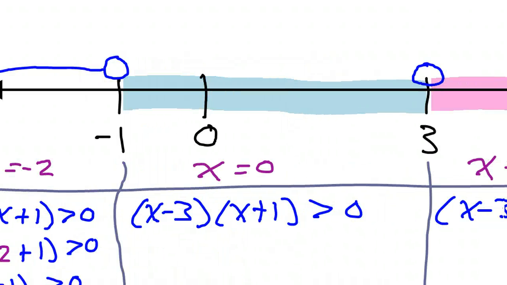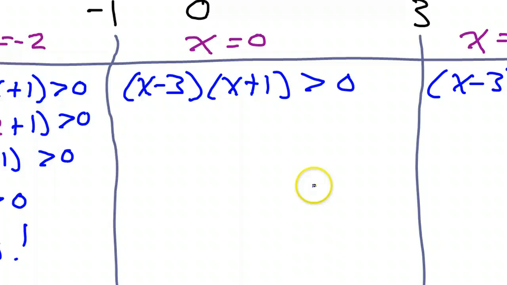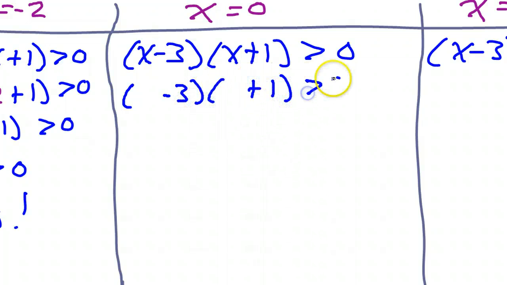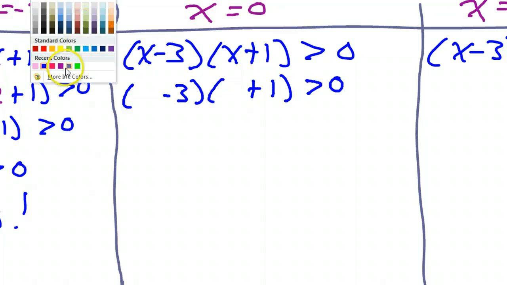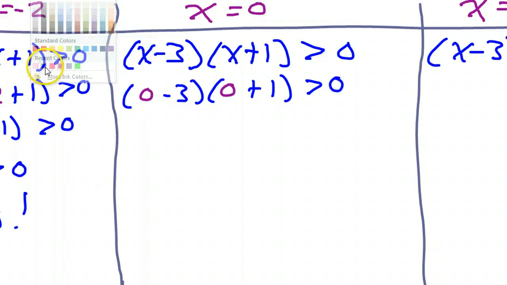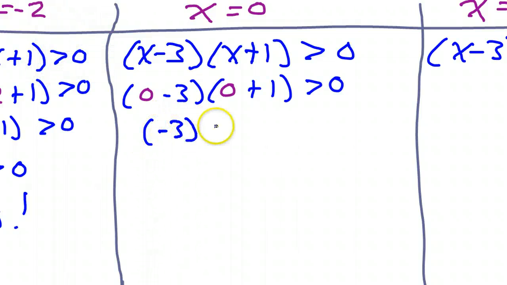Okay, now let's test the middle zone. Okay, x equals 0. So I'm substituting 0 for these x's. So that's negative 3 times 1, and that's negative 3.